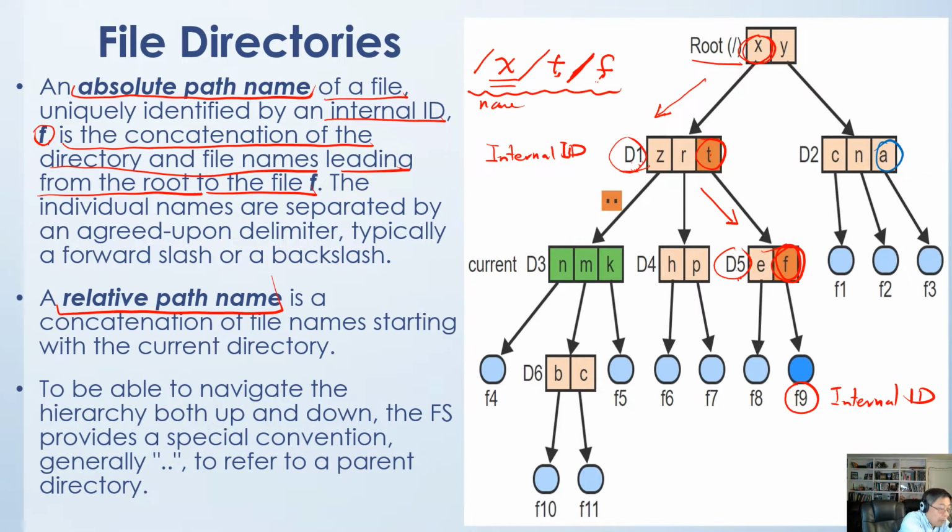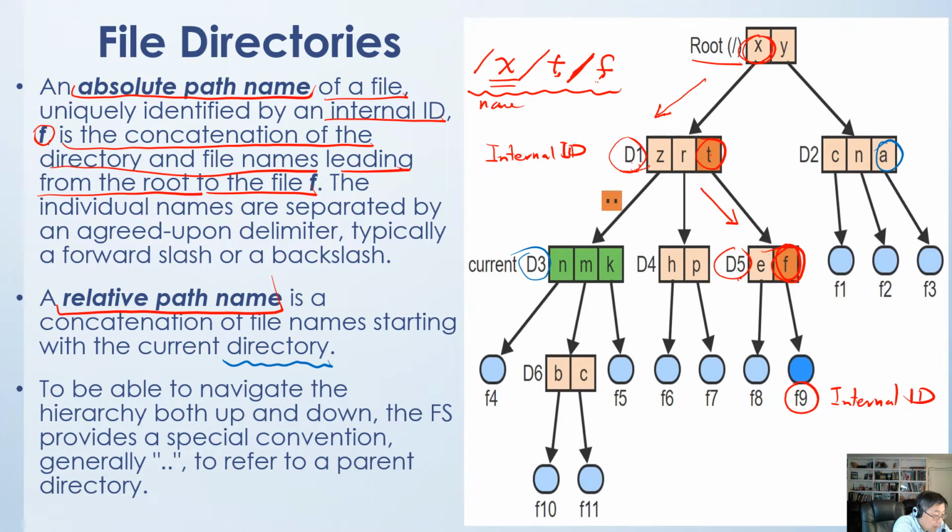Now, a relative path name is a concatenation of file names starting with the current directory. So suppose I'm not accessing the file from the root, but from the current directory. Now, if the current directory is D3, let's say, how can I access the file A using relative path name?